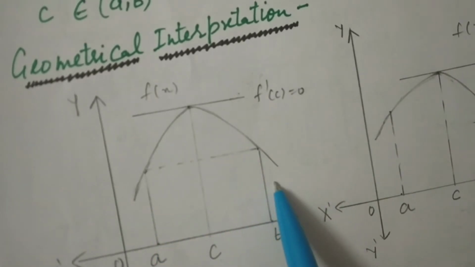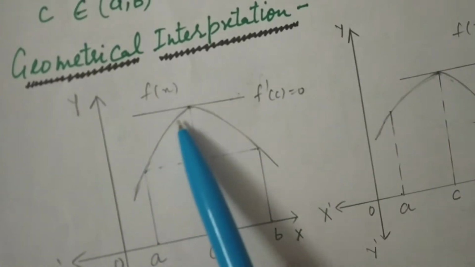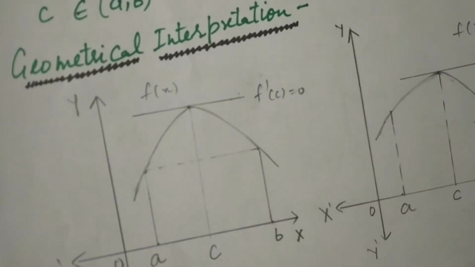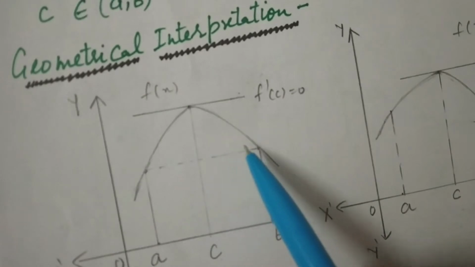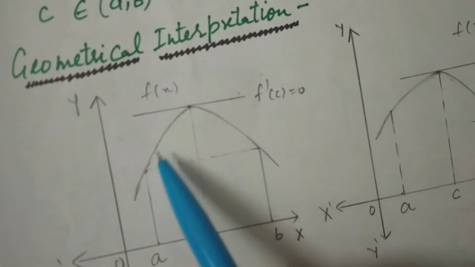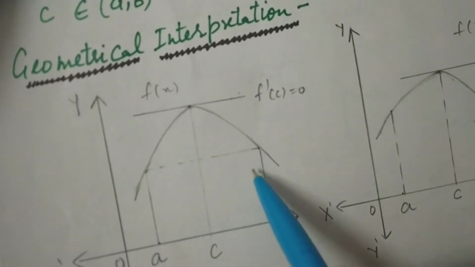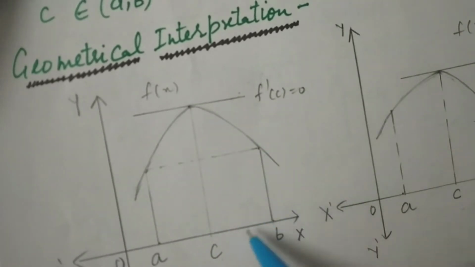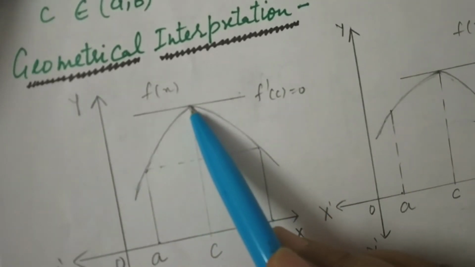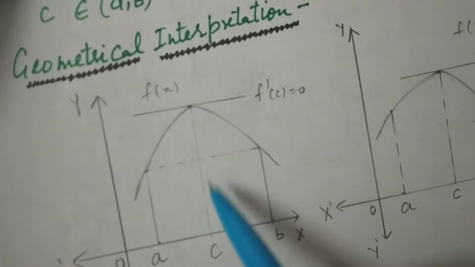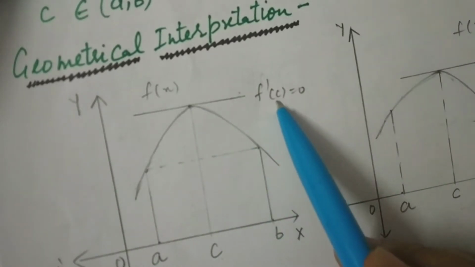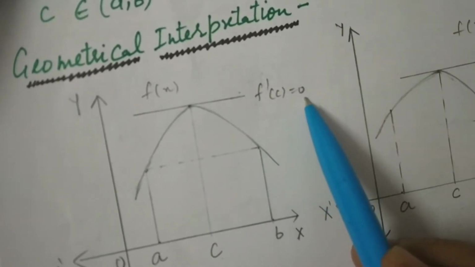Both these values are the same, and since the function is continuous, observing its nature, we can check its differentiability as well. In this presentation we see that at point c, f'(c) is coming 0.